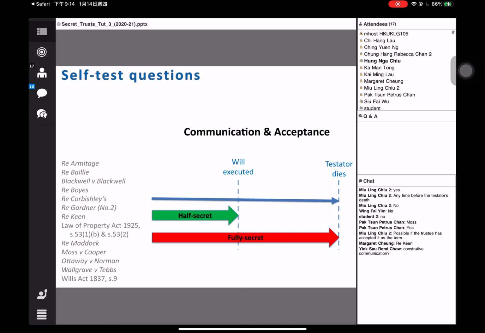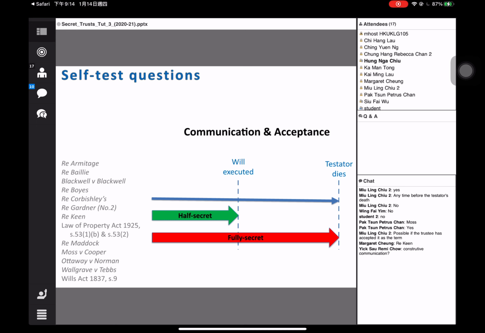According to the Dehors the will theory, although secret trusts are only constituted after the testator has died, because that's when the property vests in the secret trustee, they are not testamentary in nature. They are not testamentary trusts.